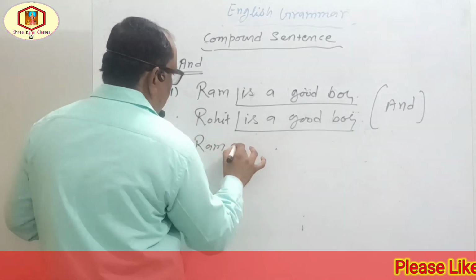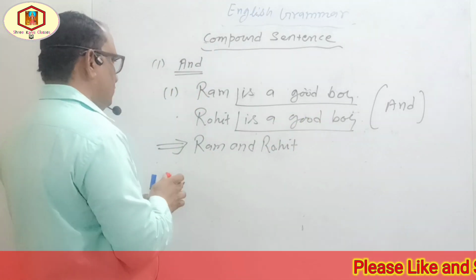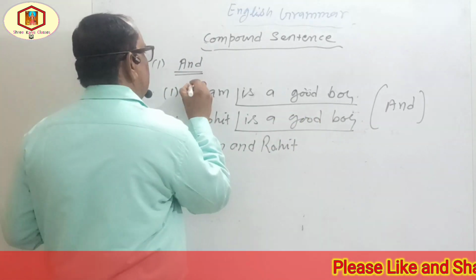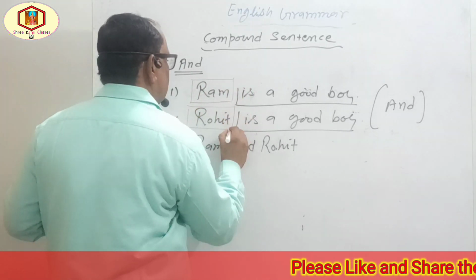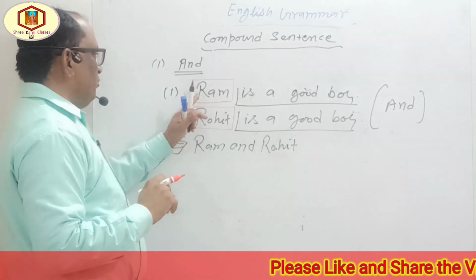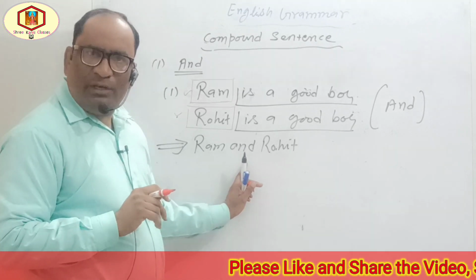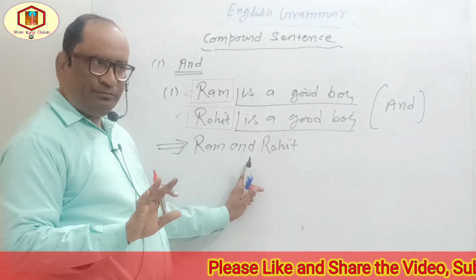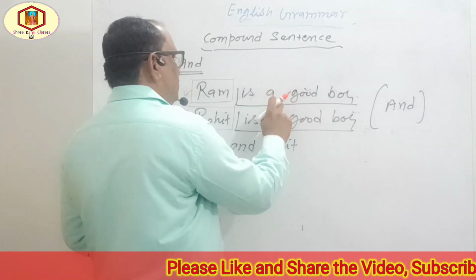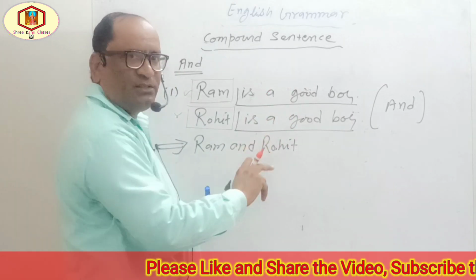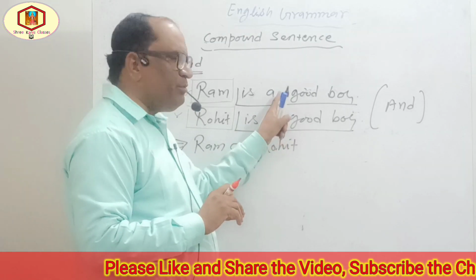Ram and Rohit are the different parts. Between Ram and Rohit, we have used and. Clear? Now we have to write this part of the sentence only one time, because it is the similar part of the sentences.